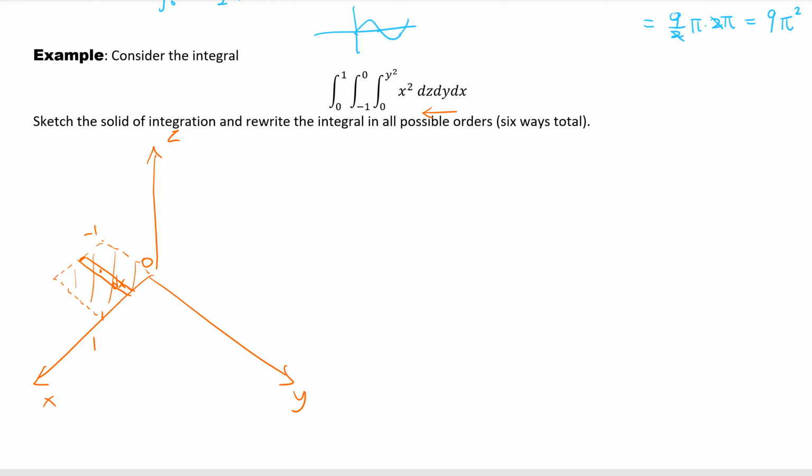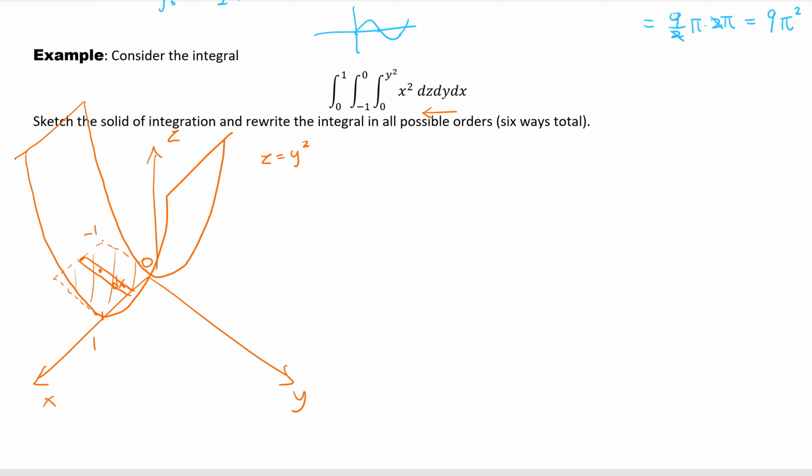Pick a point on this rectangle, and we go in the z direction, and z is from 0 to y squared. What is z equals y squared? Well, this is a parabola, right? It looks like that. Can you imagine this is a parabola?